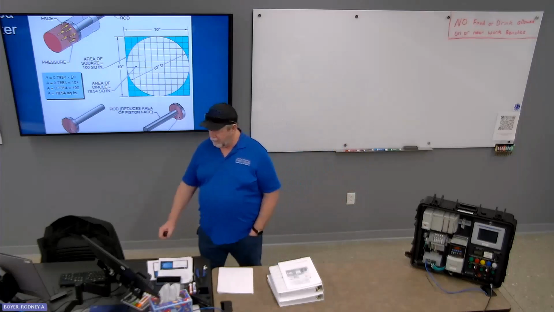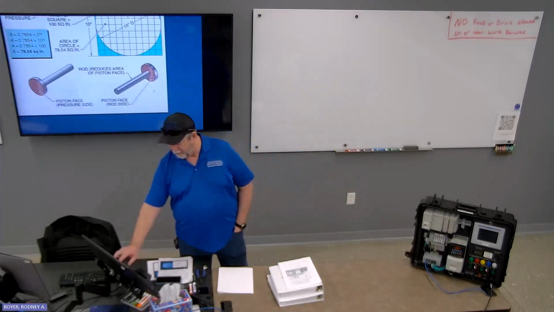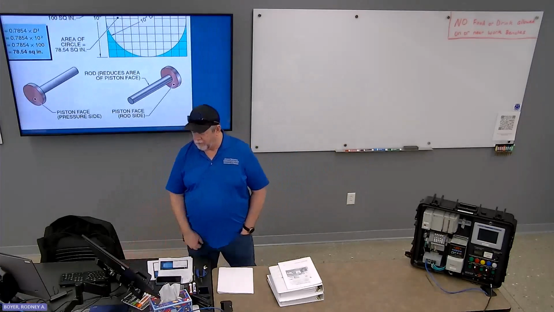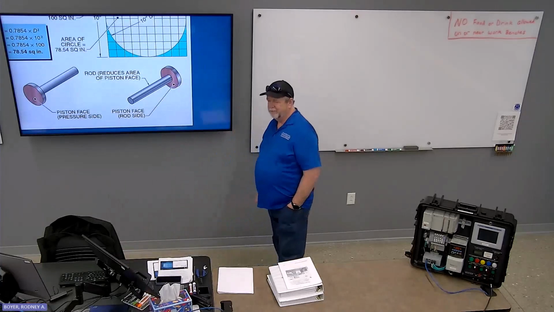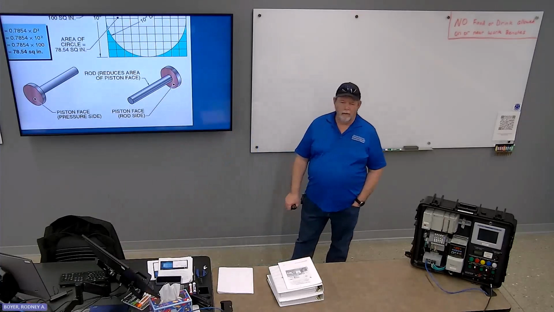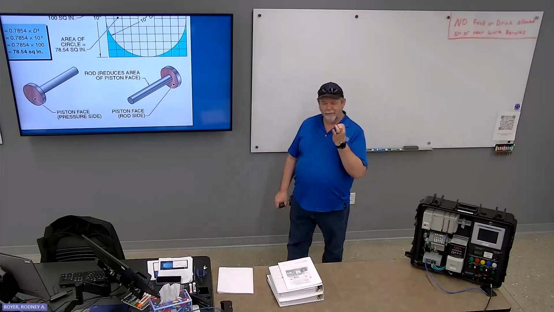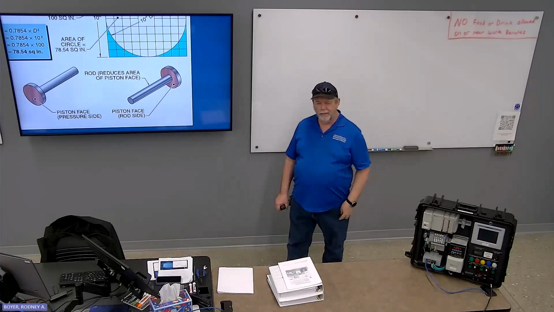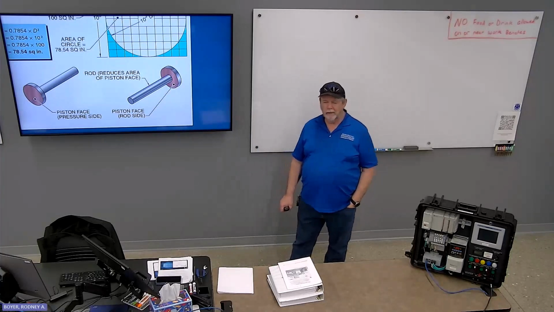You notice down here it says that the rod reduces the area of the piston face because the fluid can't get to that part of the piston face. There's a rod in the way.